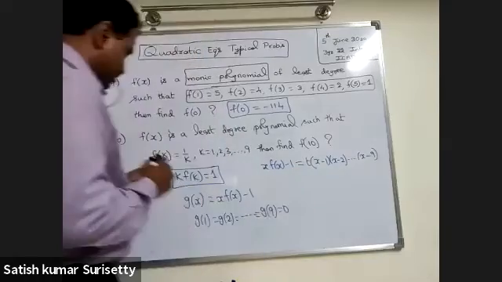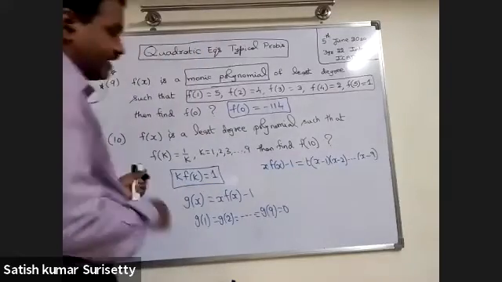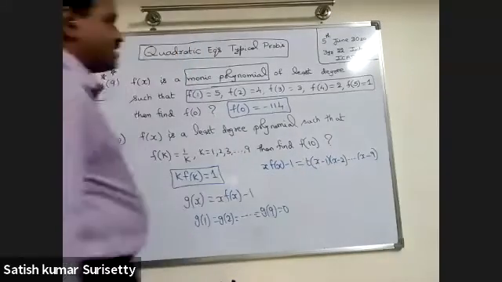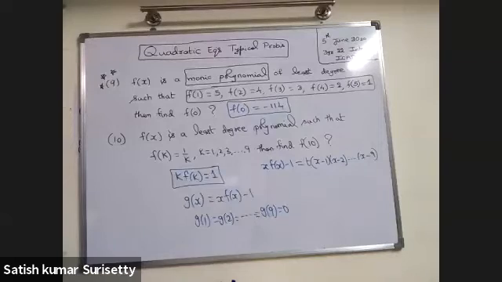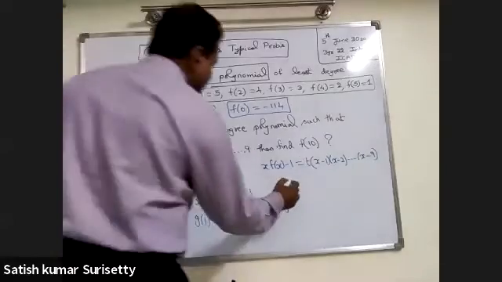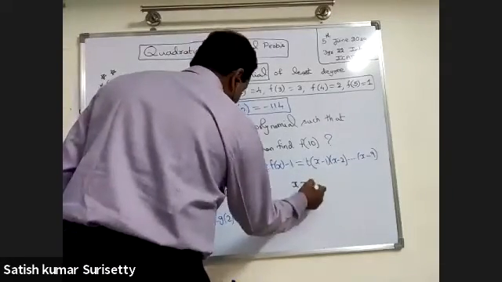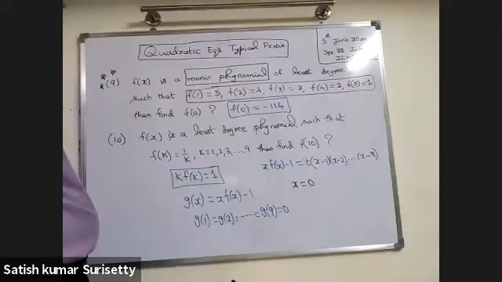Now, to find the value of t, it is an identity, so you can substitute some value of x. What value of x should I substitute so that I can calculate the t value easily? Put x equal to 0. Then we get the t value.